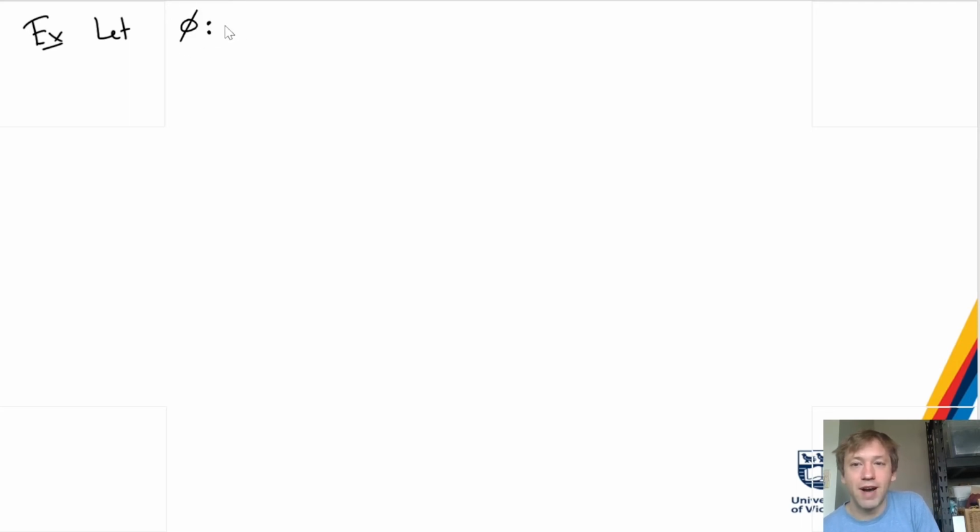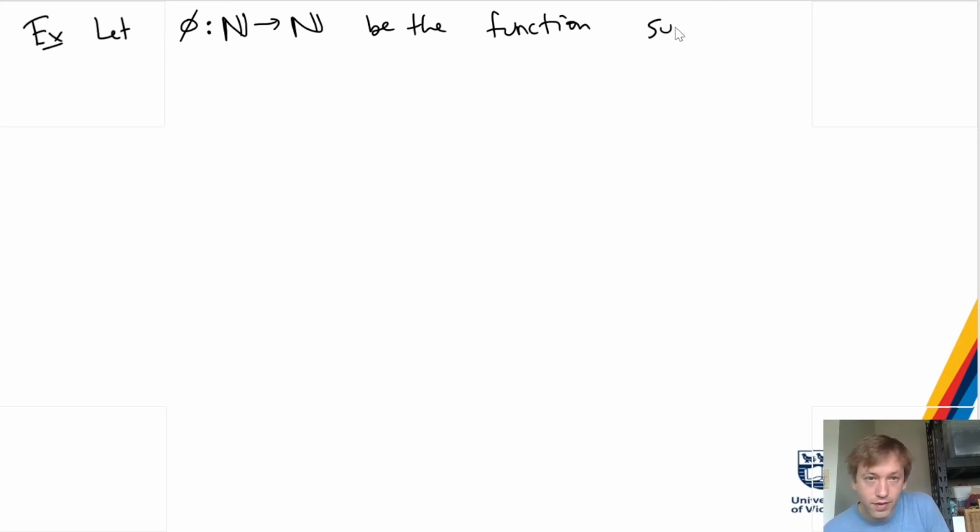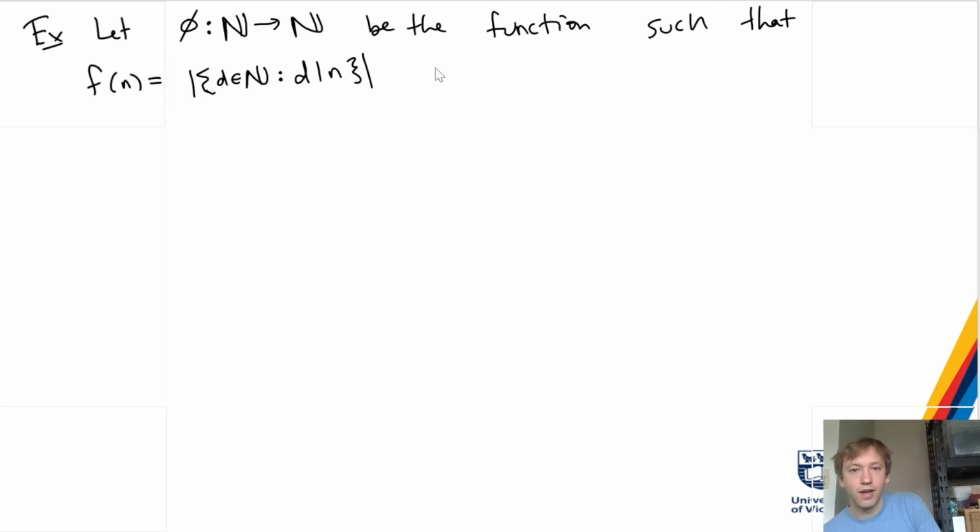So I'm going to define phi to be the function from the naturals to the naturals such that f of n is equal to the cardinality of the set of all natural numbers d such that d divides n for all n in the naturals.